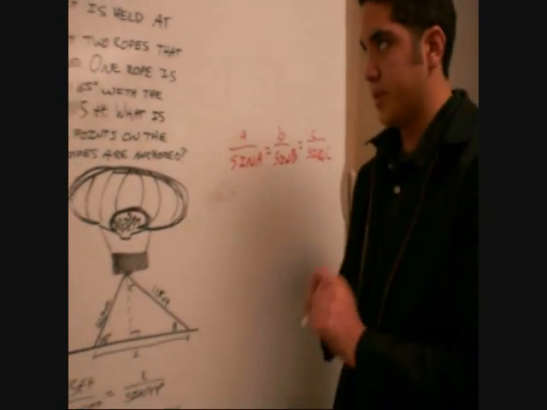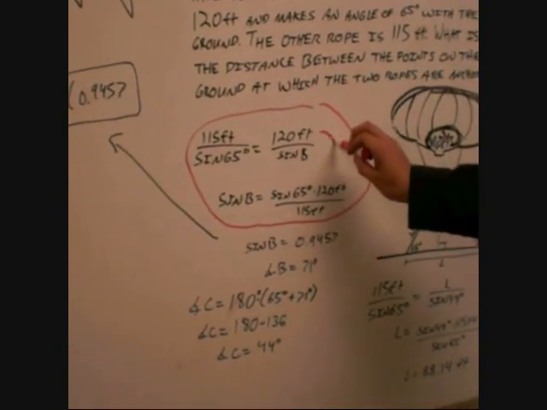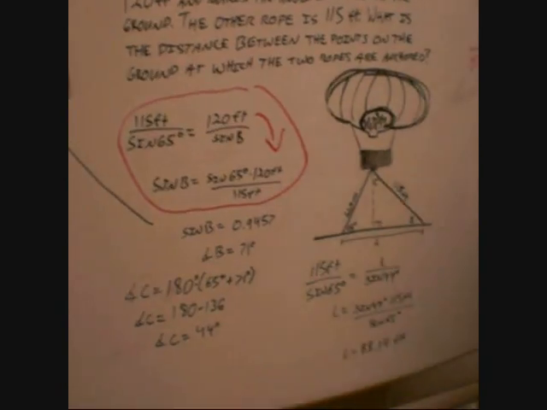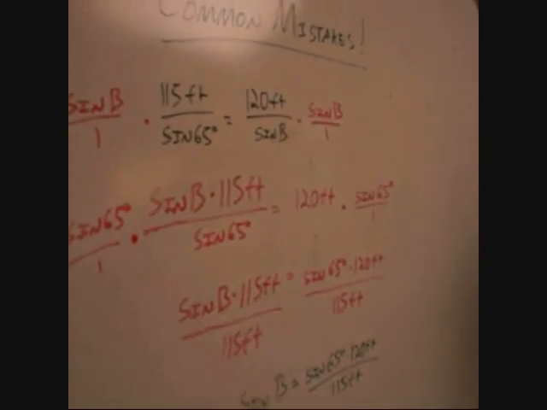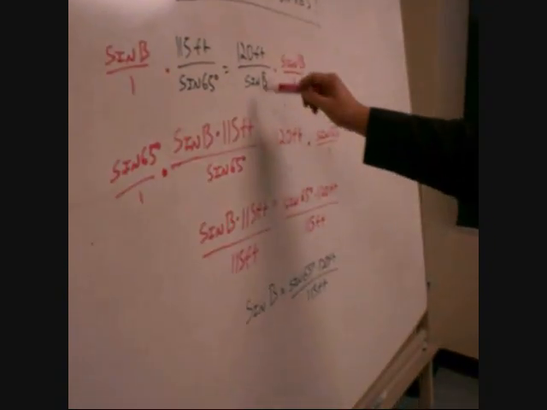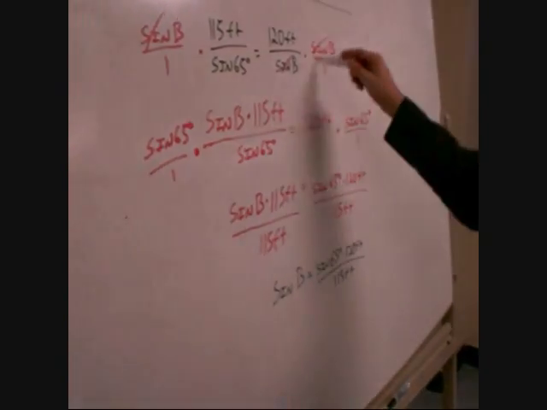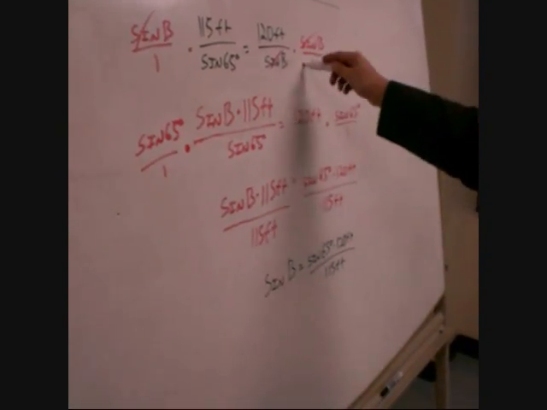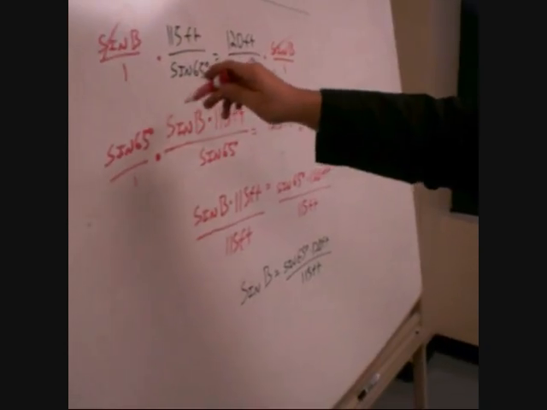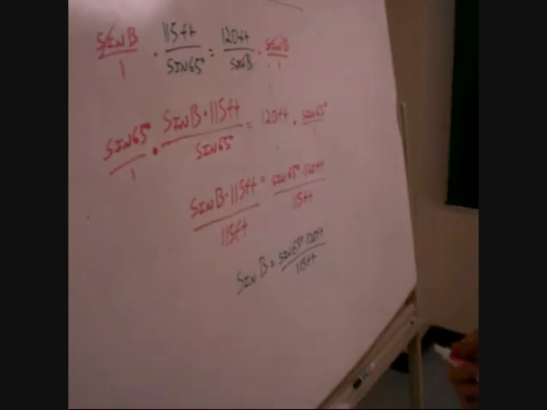The most common mistakes occur right here, between these two steps. From here you have to multiply by sine B on both sides, and these two will cancel off, and basically move sine B over to the other side of the equation, and that will turn into sine B times 115 feet over sine 65.